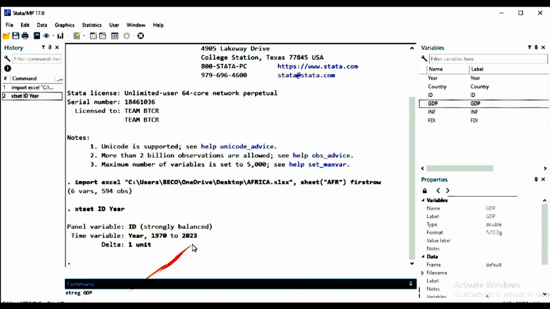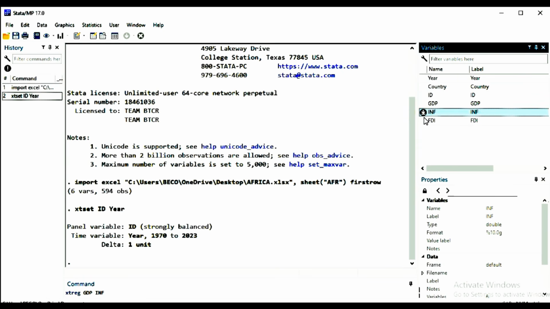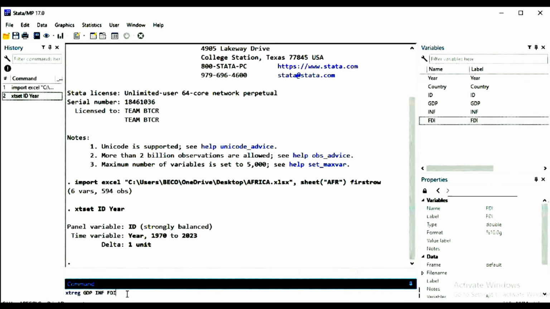The first independent variable is inflation, and the second independent variable is foreign direct investment. After providing this command, use a comma and simply type FE, that is to mean fixed effects. Then now run.